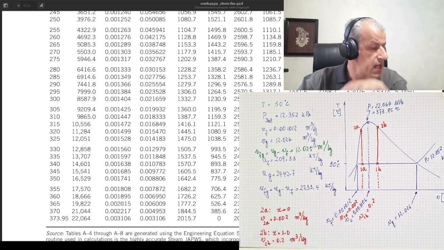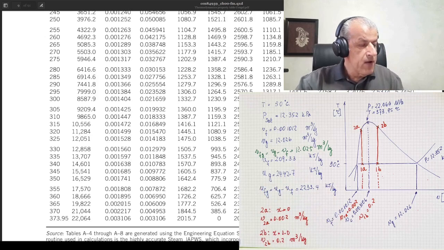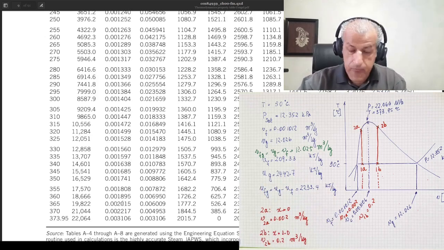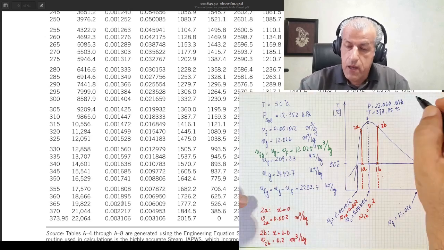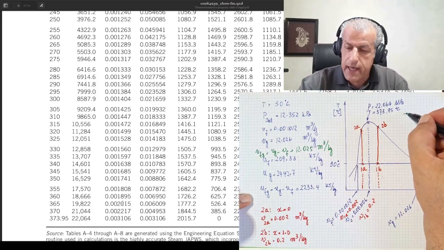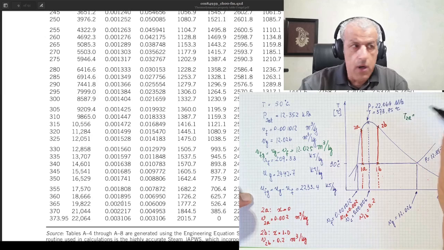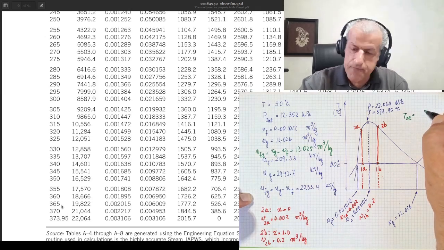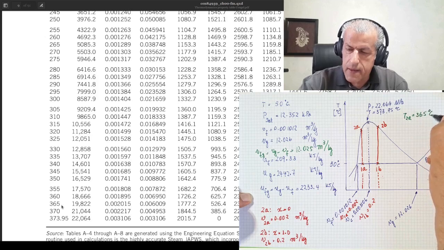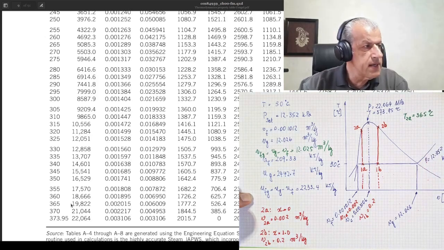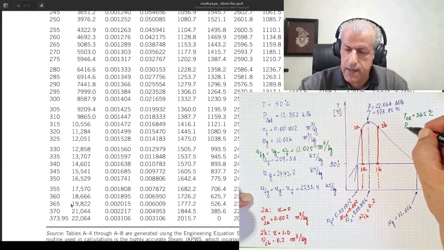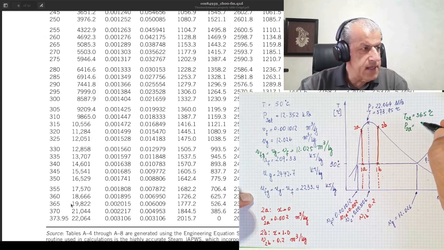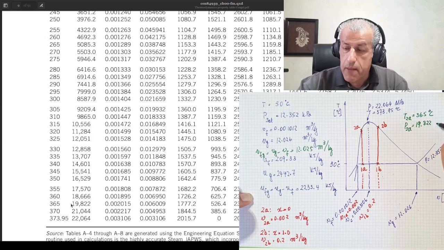So the conclusion I would make here is that for point 2A, T2A is 365 degrees C, and P2A is 19.822 megapascals.